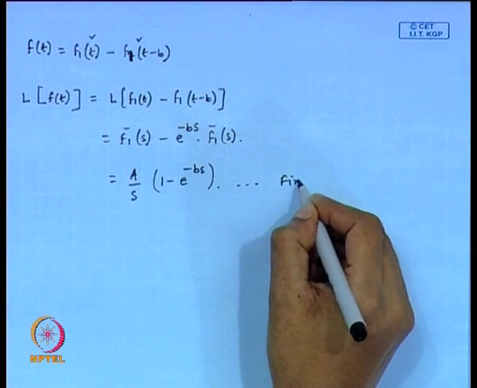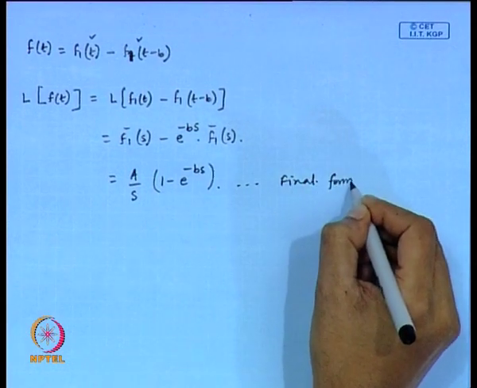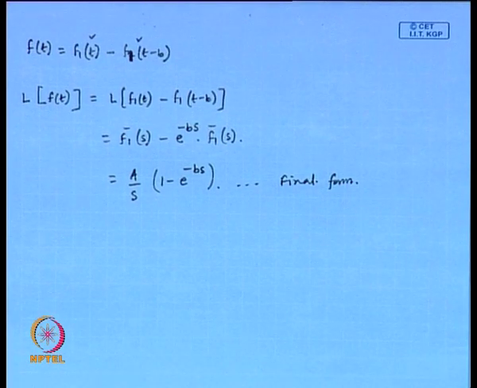This is the final form for the pulse function. Now, what is an example of the pulse function? Consider a steam valve. Open the steam valve at t equals 0, so that q changes by A units, hold at the new value for the duration of b, then return to the old value.